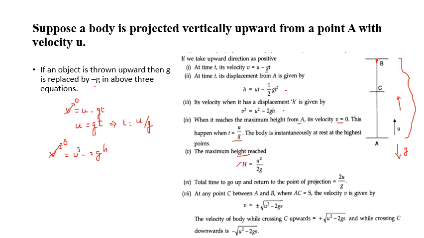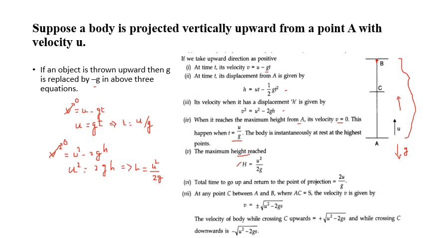Then the remaining terms: u squared equal to 2gh. Then h is equal to u squared divided by 2g. So this is the maximum height reached by the body.